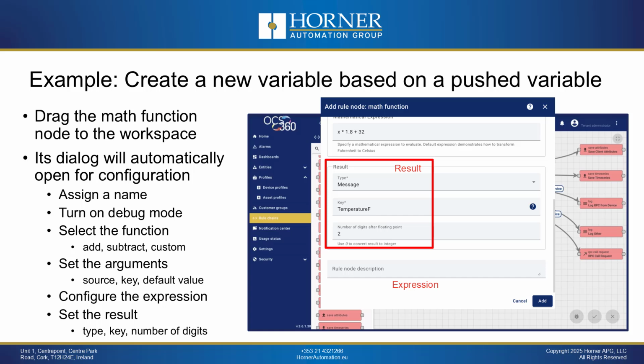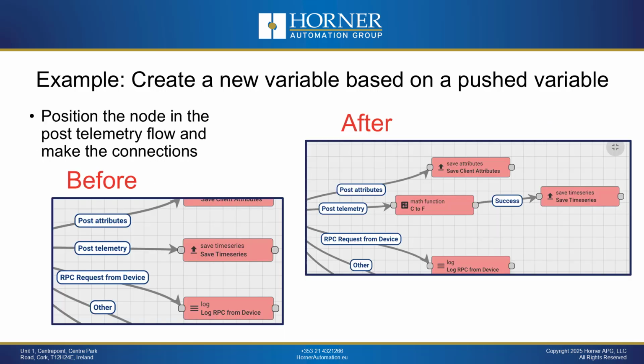What we have done is configure the node, and now we need to put it in the rule chain. We need to position the node in the post-telemetry flow area. If you take a look at the before section of our slide here, after post-telemetry, we go directly to the save time series. That is where everything is saved. So what we are going to do before the save occurs is insert this node.